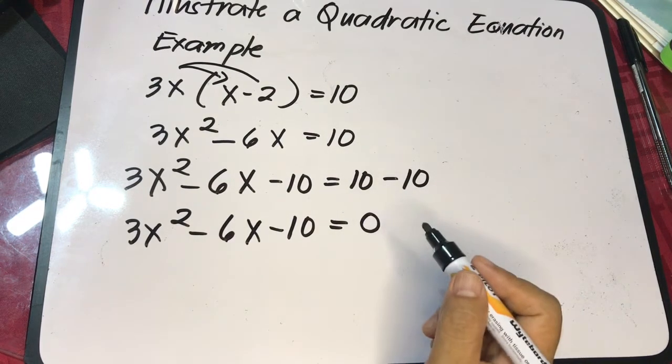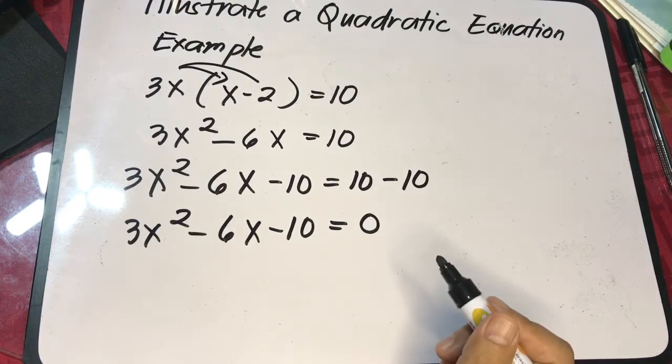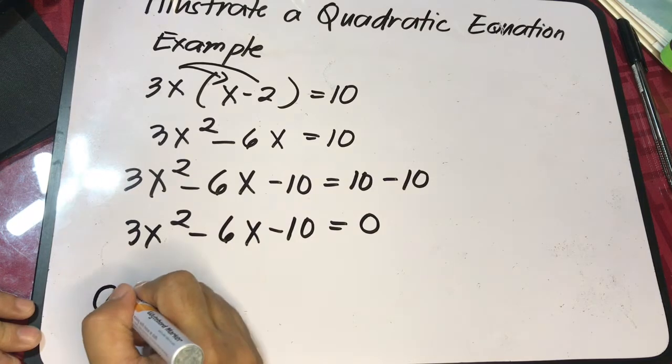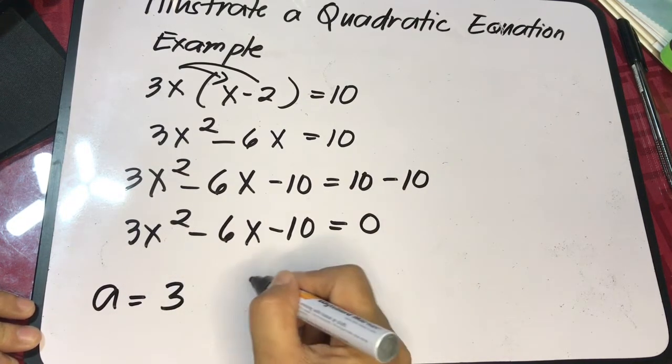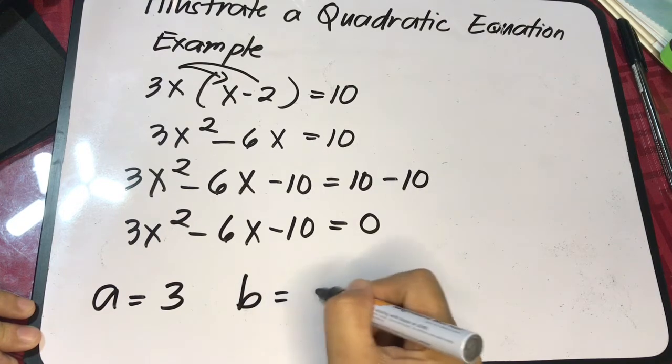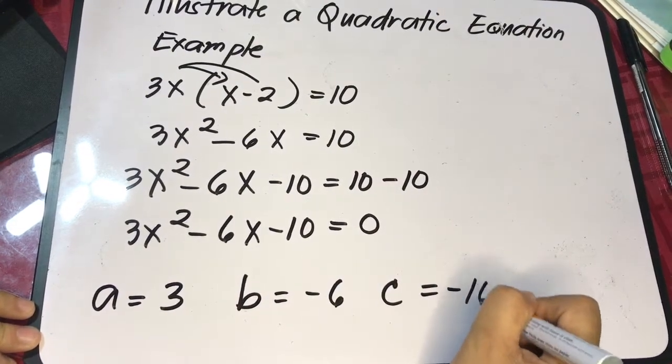So the equation becomes a standard form of a quadratic equation. Now we can identify the value of a, which is equal to 3, the value of b, which is negative 6, and the value of c, which is equal to negative 10.